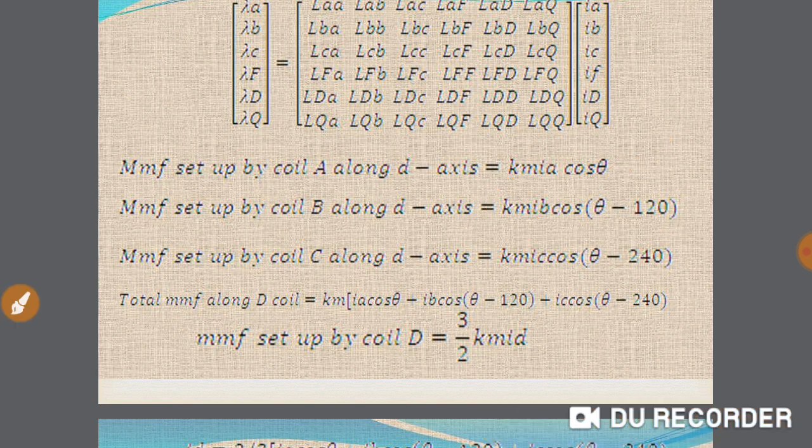Similarly, if we are talking about the MMF set in coil C, how will it be? It will be again Km remaining the same as in this and this equation.